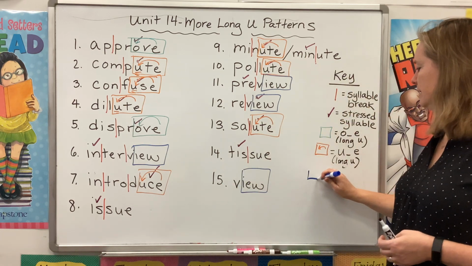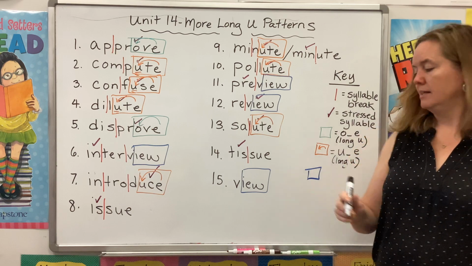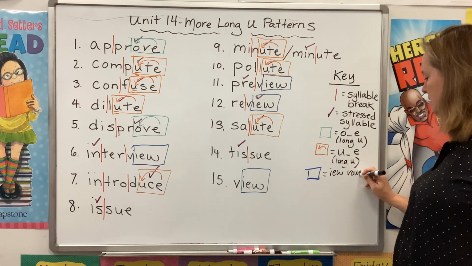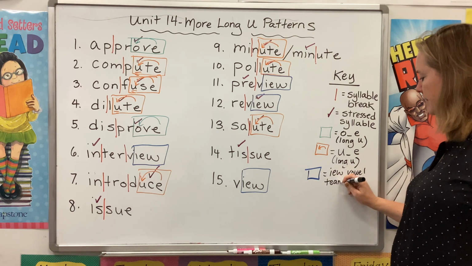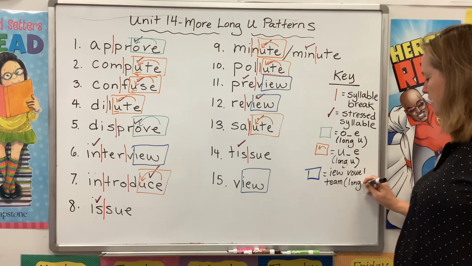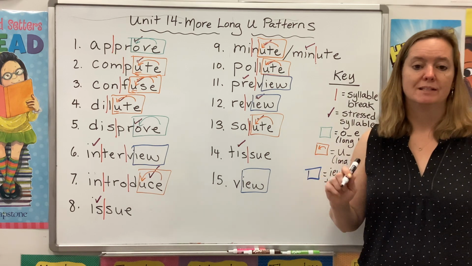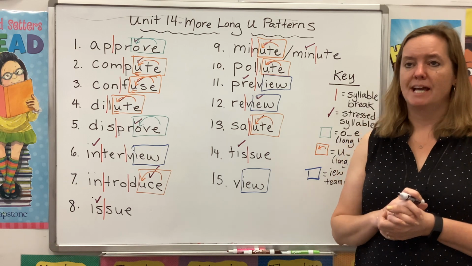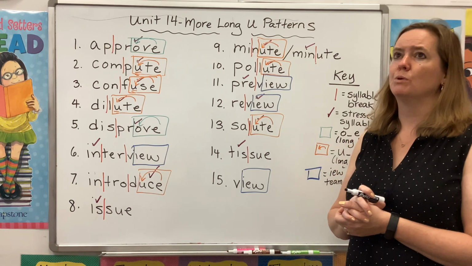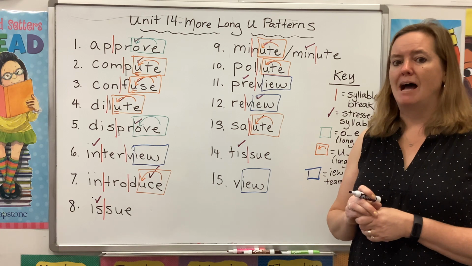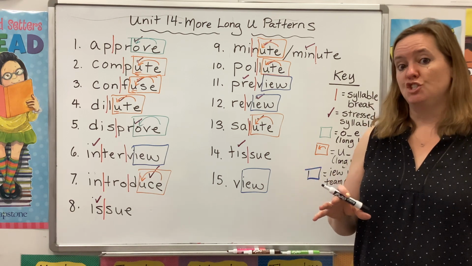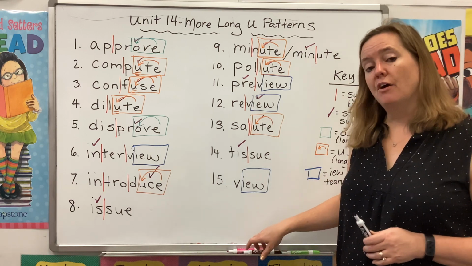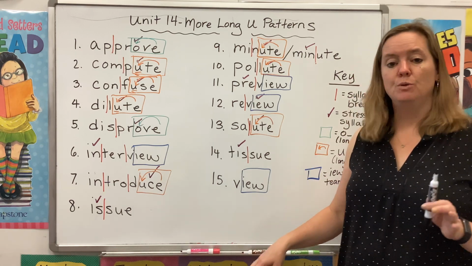Okay, so over here, blue rectangle equals IEW vowel team, and that also makes a long U sound. Okay, another vowel team that you probably learned back in 1st or 2nd grade, if you were spelling a word like do, like my library books are do, or the word sue, you probably already saw or knew about the UE pattern.